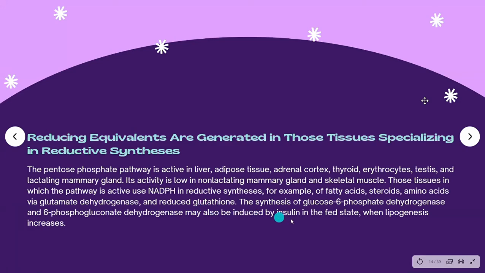The synthesis of glucose 6-phosphate dehydrogenase and 6-phosphogluconate dehydrogenase may also be induced by insulin. So, what does this tell you? When is insulin secreted? When you have high glucose in the blood.